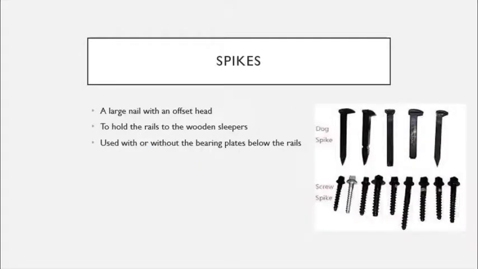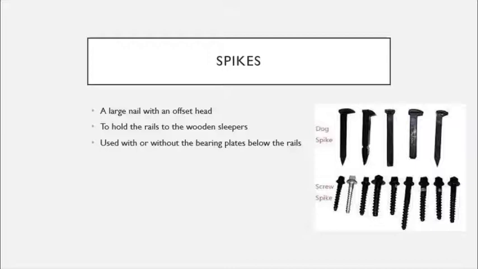The second fitting is spikes. Spikes are nail-like structures, or we can simply say a large nail with an offset head. These spikes are used to hold the rails to the wooden sleepers. These spikes will be hammered into the sleepers in order to fix the rails firmly with the sleepers.